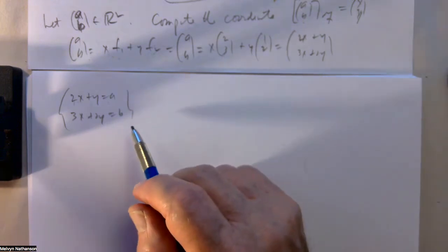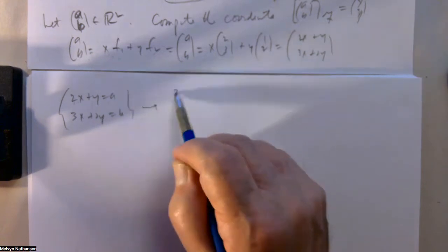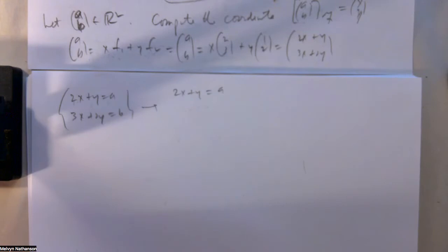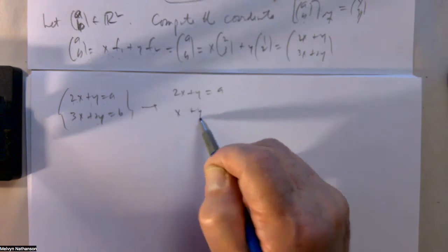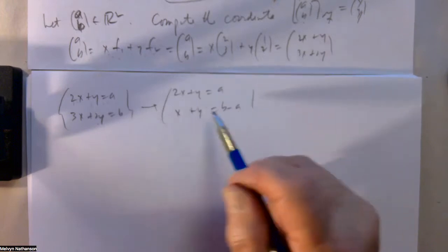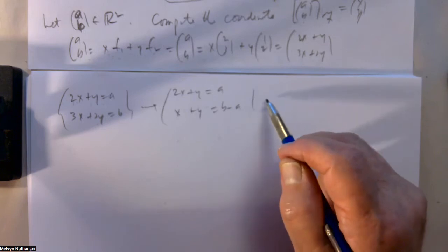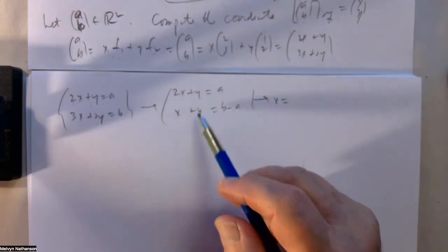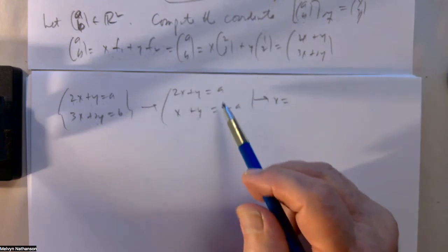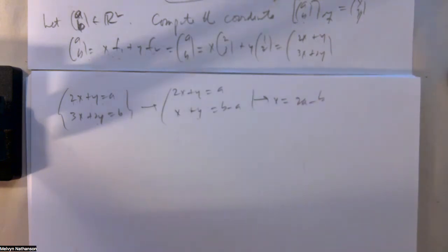So for example, my first equation is 2x plus y equals a. If I subtract the first equation from the second, I get x plus y equals b minus a. And again, if I subtract this equation from the first, I get x equals, 2x minus x is x, y minus y is 0, a minus (b minus a) is 2a minus b.